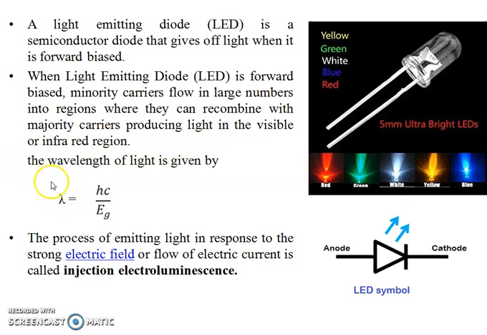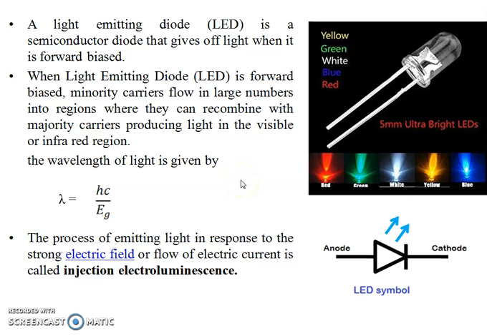Here, the wavelength of the light produced is proportional to the band gap. If the wavelength corresponding to that energy falls in the visible region, then you have an LED.